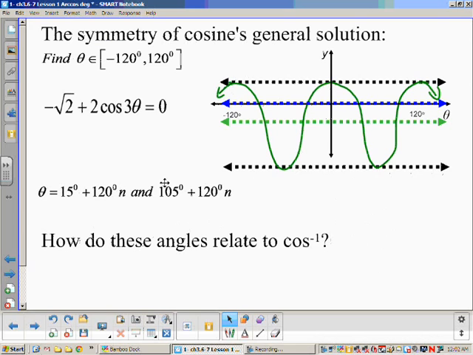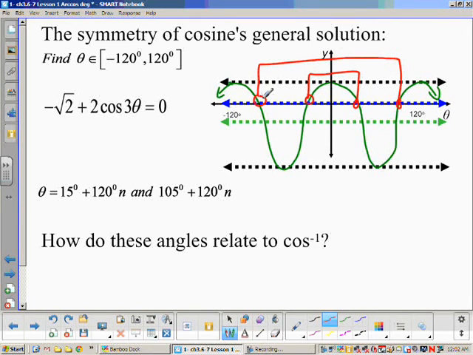And now when we look at our previous problem with this sense of symmetry, we noticed previously that at 15 degrees and negative 15 degrees, 105 and negative 105, we had values where this expression equaled 0. And so we wrote 15 and 105, thinking of going counterclockwise on the unit circle.